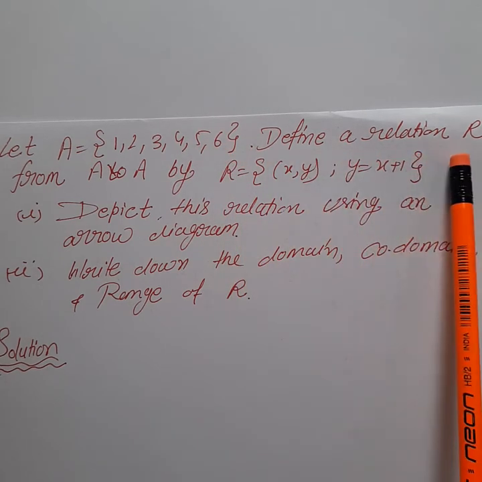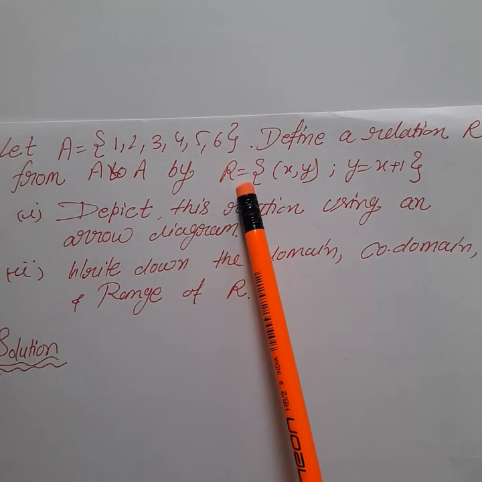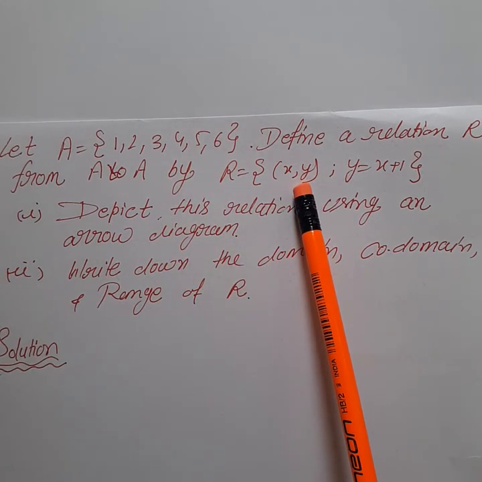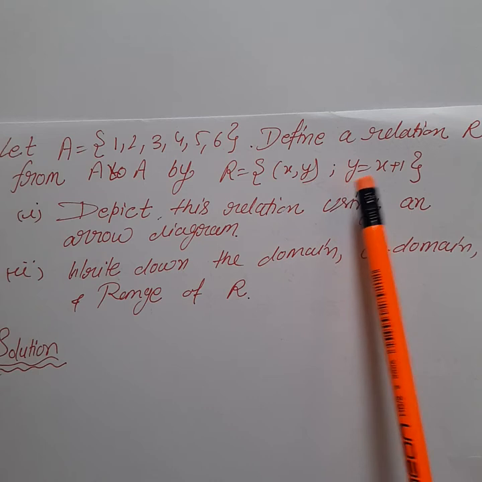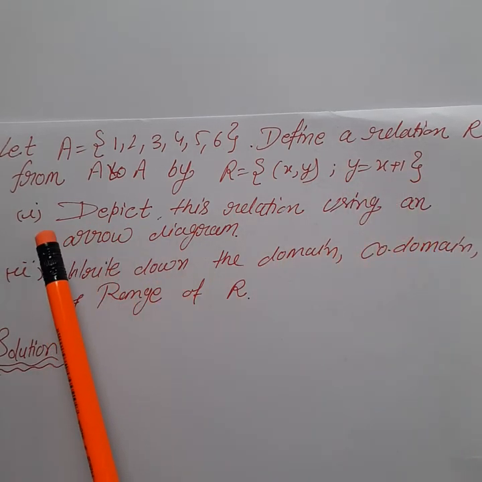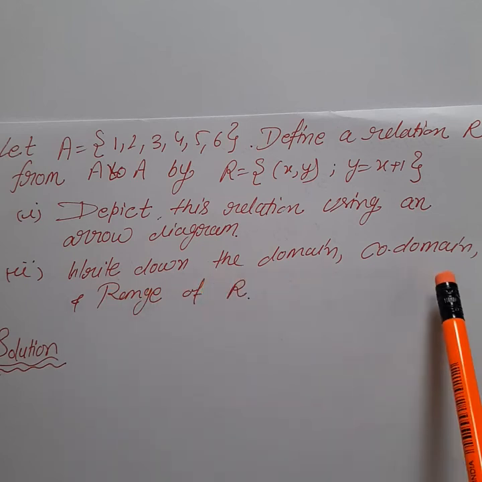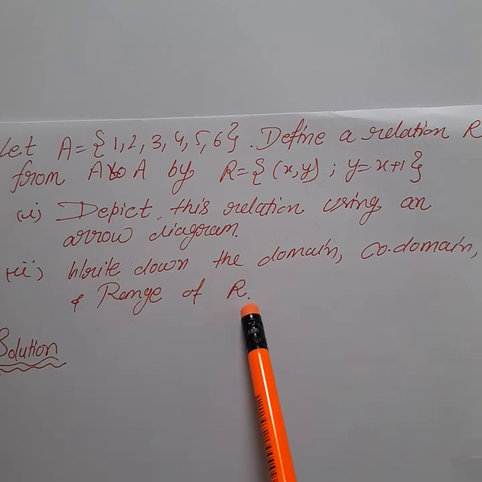Define a relation R from A to A by R = {(x, y)}, where y is defined as x + 1. The question is to depict this relation using an arrow diagram and write down the domain, codomain and range of the relation R.